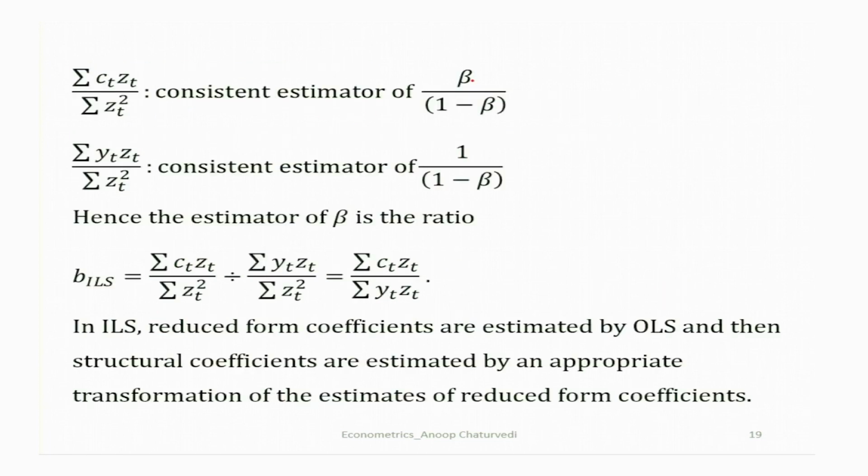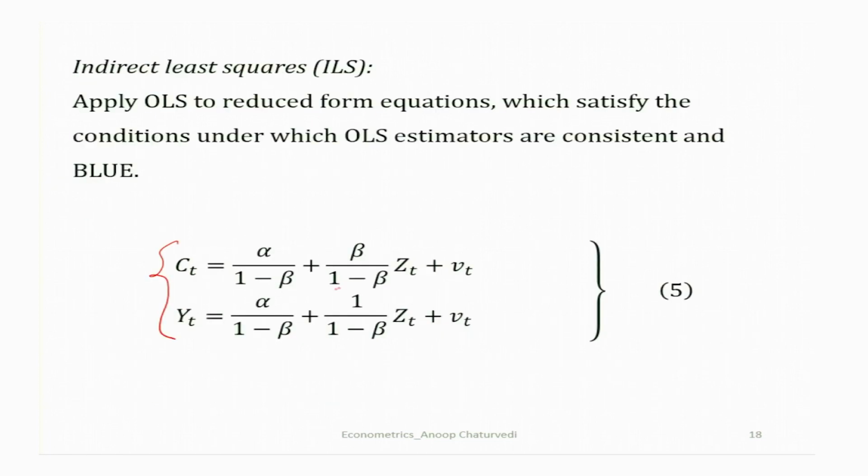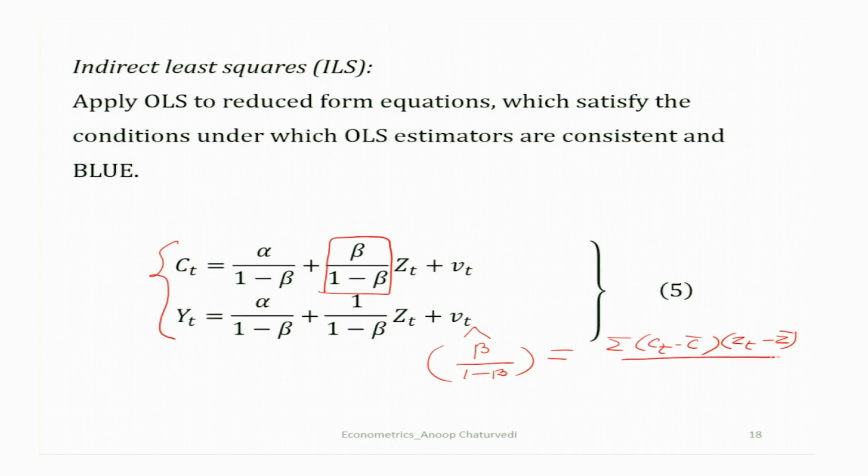Then the consistent estimator of beta upon 1 minus beta, say you estimate beta upon 1 minus beta by summation (C_t minus C bar)(Z_t minus Z bar) upon summation (Z_t minus Z bar) squared, or you can write it as summation small c_t small z_t upon summation small z_t squared.